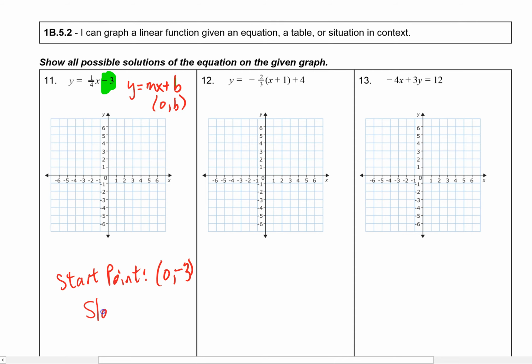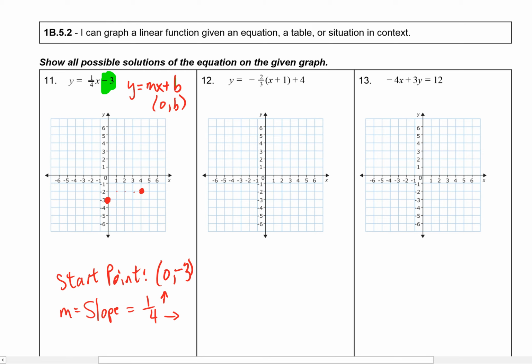Your slope, which is your m, is going to be 1 over 4. And that tells us to go up 1 and go 4 to the right. So 0, negative 3 is right down here. And then we'll go up 1, and we'll go 1, 2, 3, 4 steps to the right.